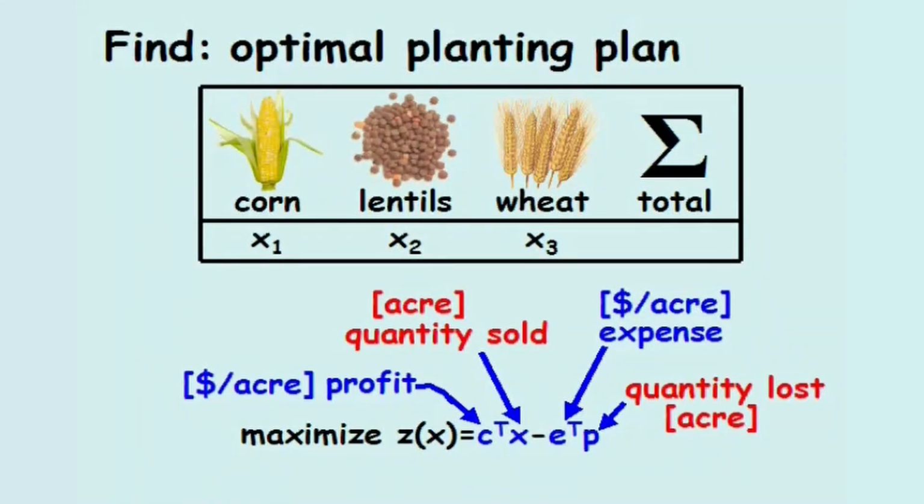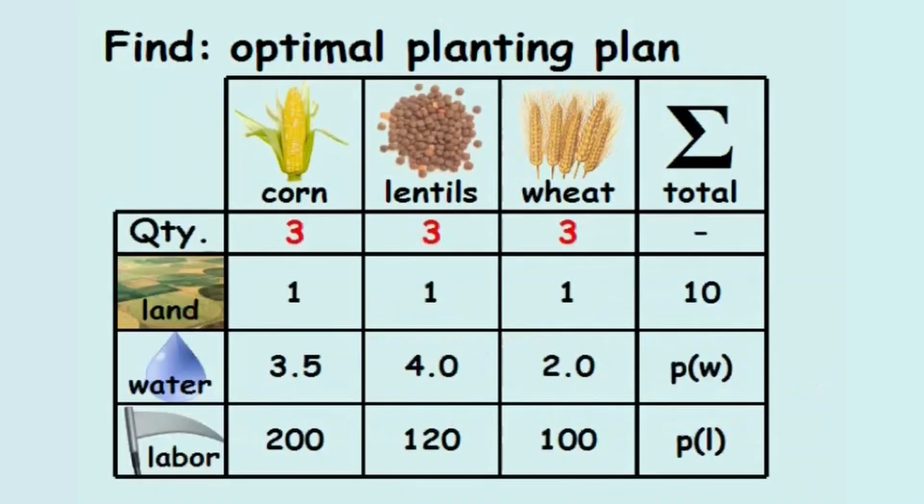As an example, if the farmer decides to plant 3 acres of corn, 3 acres of lentils, and 3 acres of wheat, and it turns out that there is 36.2 units of water available and 1,784 units of labor available, then there is no shortage of resources.